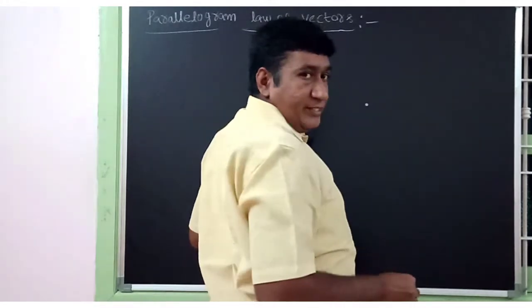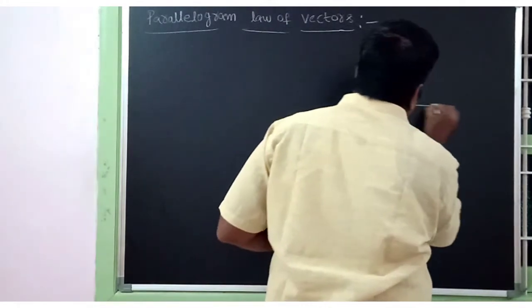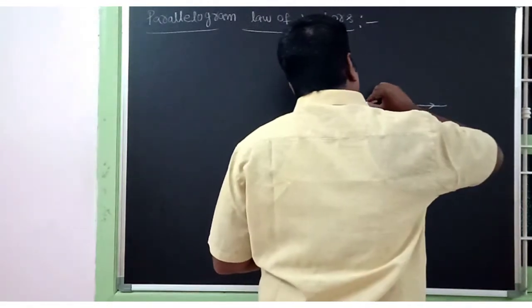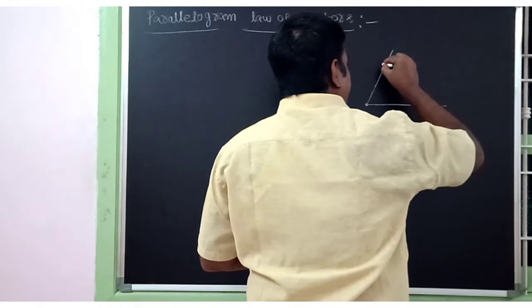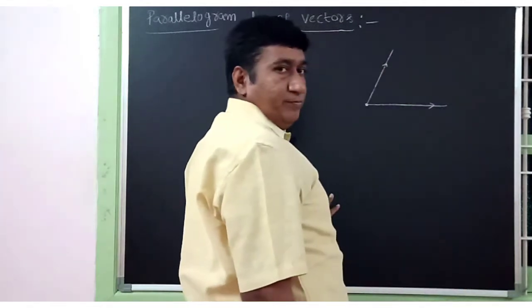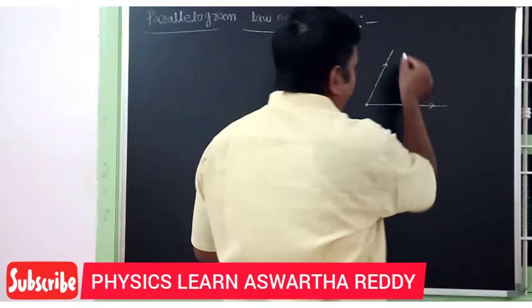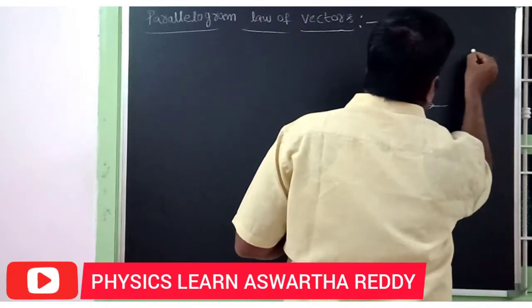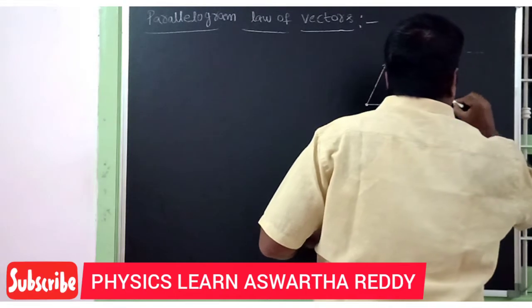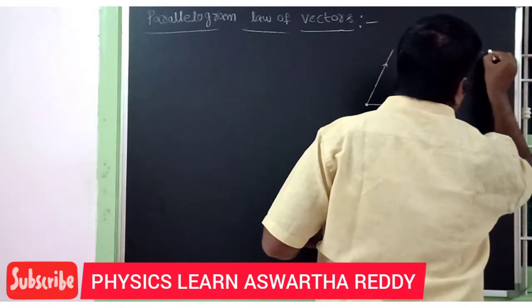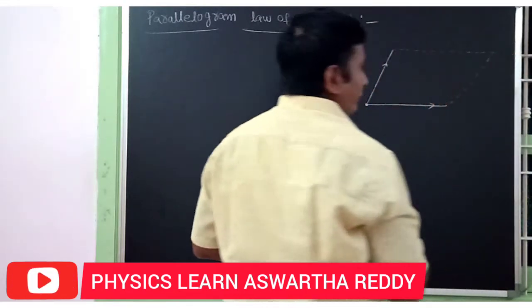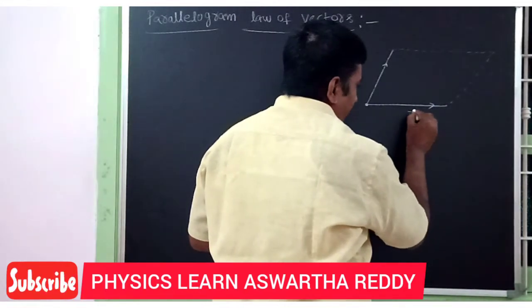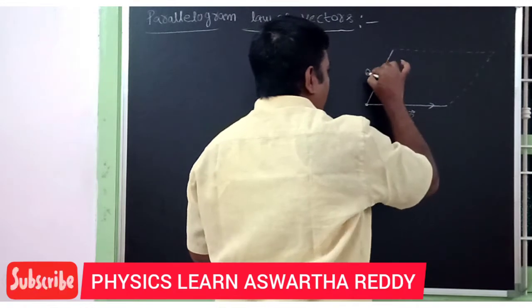So here I am taking two adjacent sides of a parallelogram. This can act as one adjacent side and this can act as one more adjacent side. In order to form a parallelogram, you can assume it like this. Let us consider that this is a P vector and this is a Q vector.